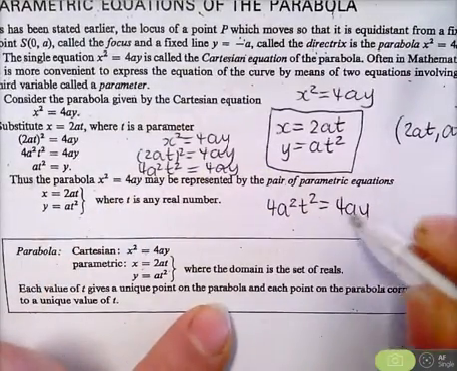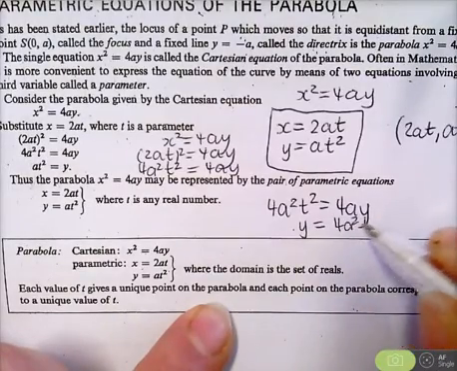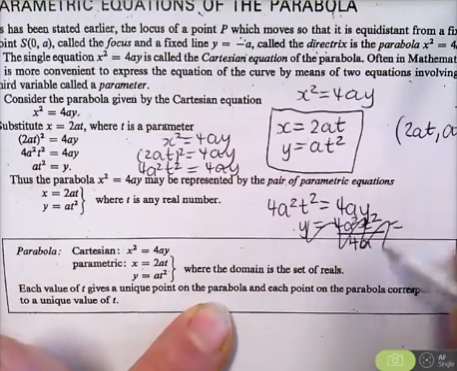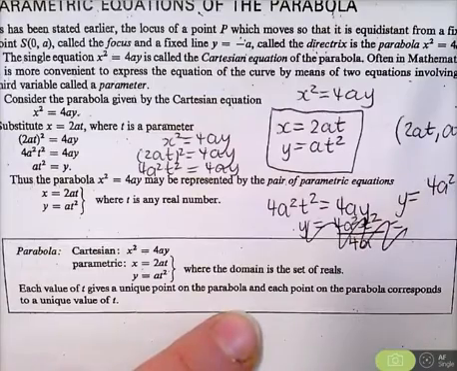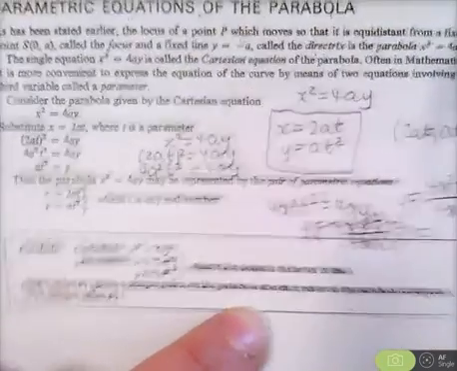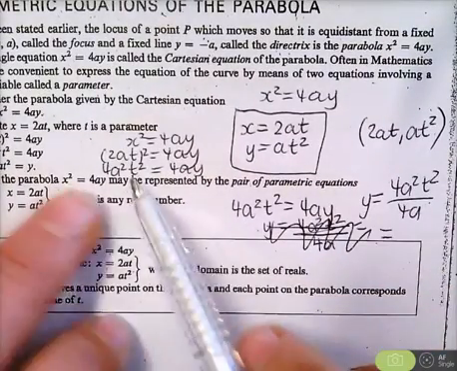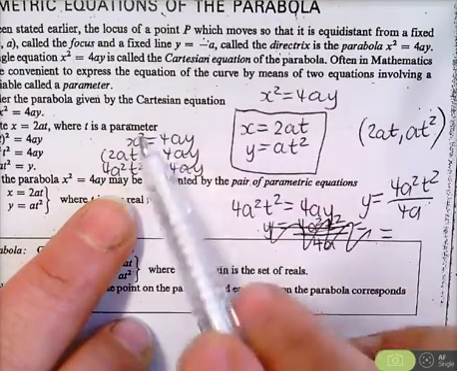Girls, can you make y the subject? If I make y the subject, I get 4a squared t squared over 4a. Do you agree? What I did was substitute x is 2at into the original equation x squared is 4ay.